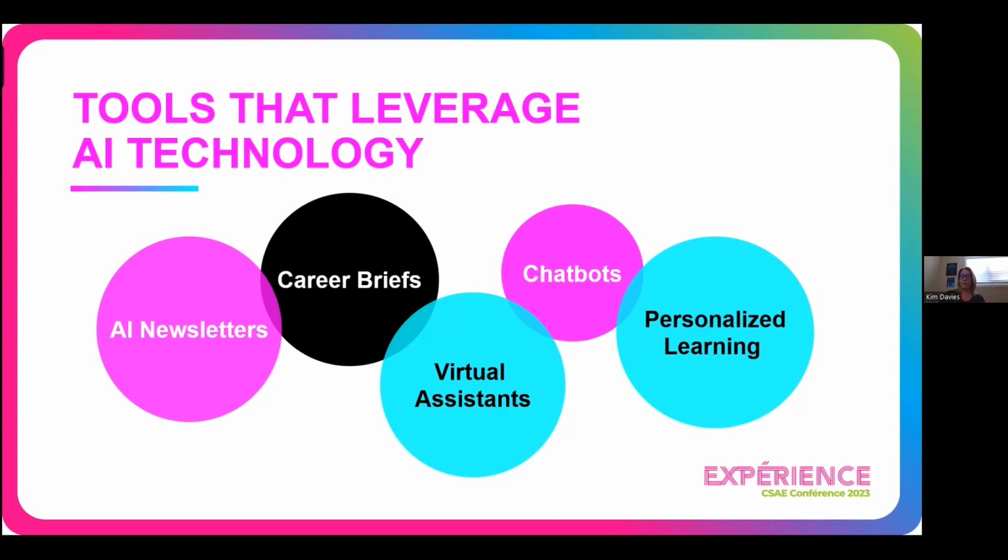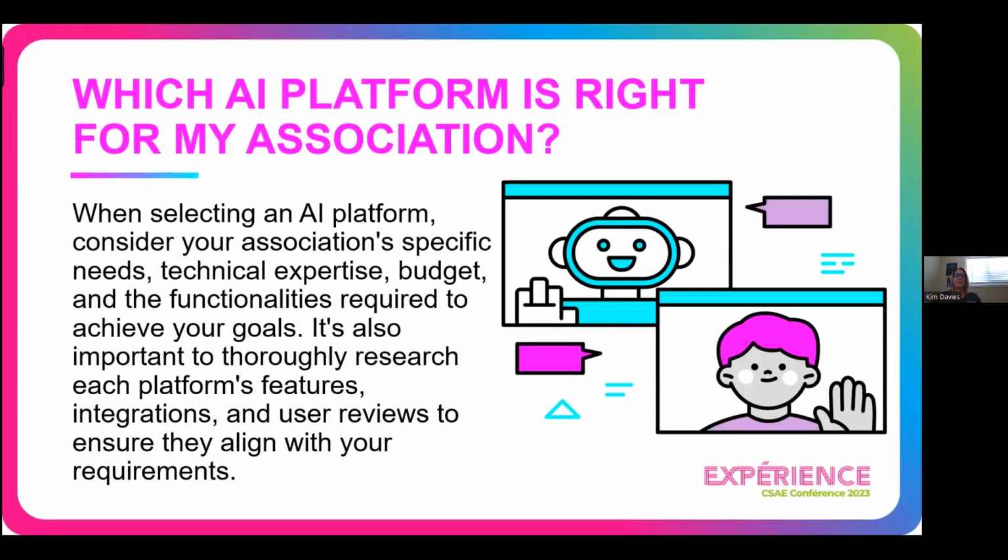We did talk briefly about chatbots and virtual assistants, and then, of course, personalized learning or an LMS. It's about determining what is going to work best for your association. You may not require all of what I'm recommending, but instead you may want to test the waters with some.